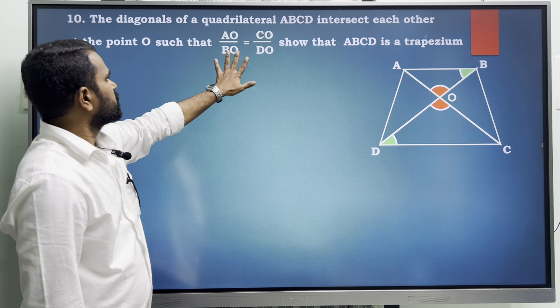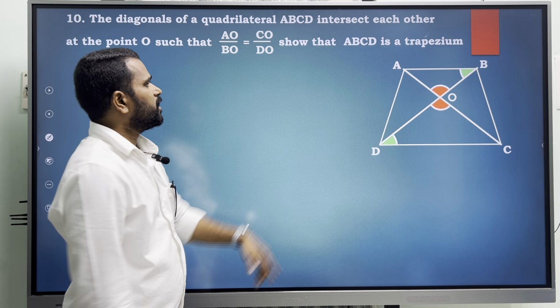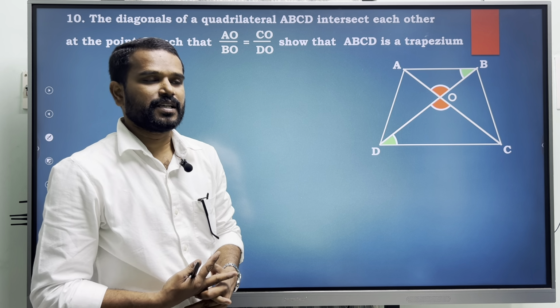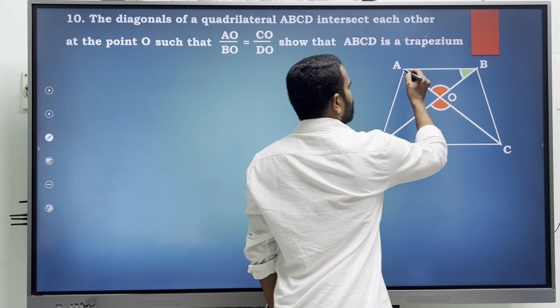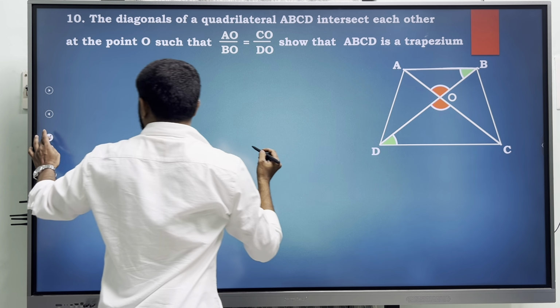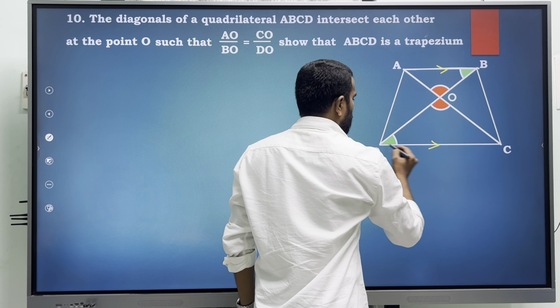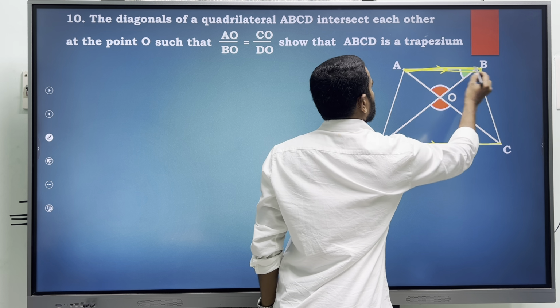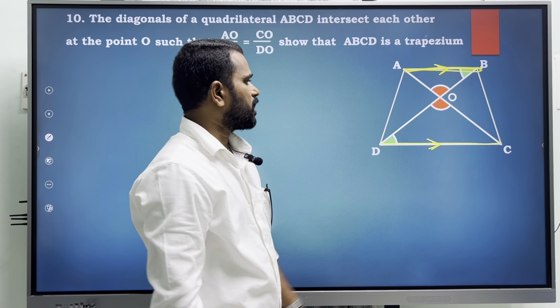Now, if these sides are proportionate, then show that this is a trapezium. So we know the simple condition for a trapezium is that a pair of lines are parallel. So we need to show that a pair of lines are parallel.